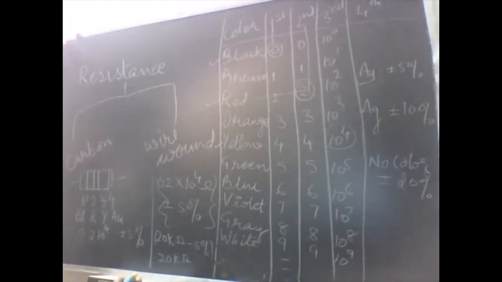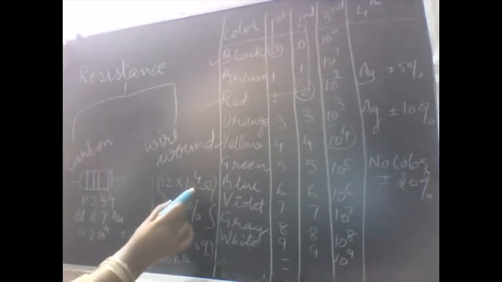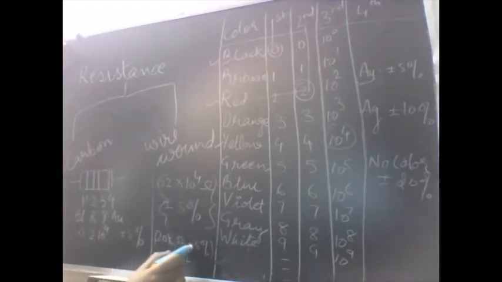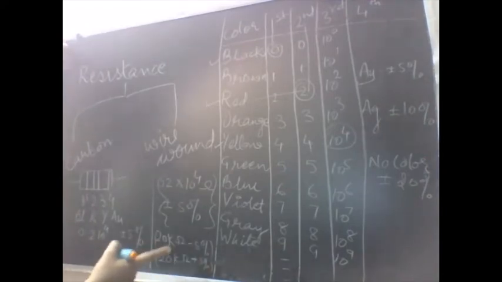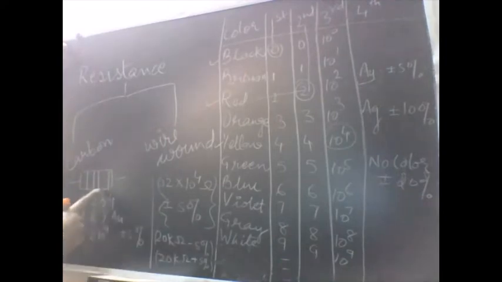So what can be the range of the carbon resistance that is given to you? This can be written as 20 kilo ohm minus 5% to 20 kilo ohm plus 5%. So this is the range. Between this range will be the value of the carbon resistance that is given to you.